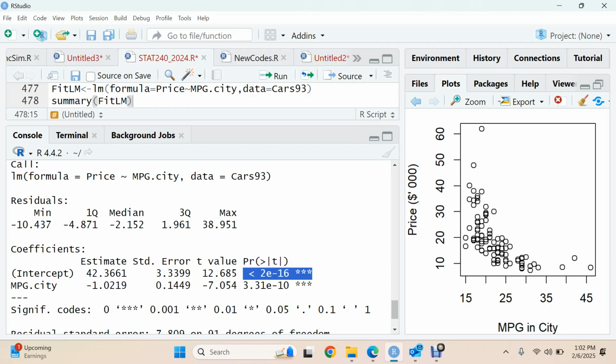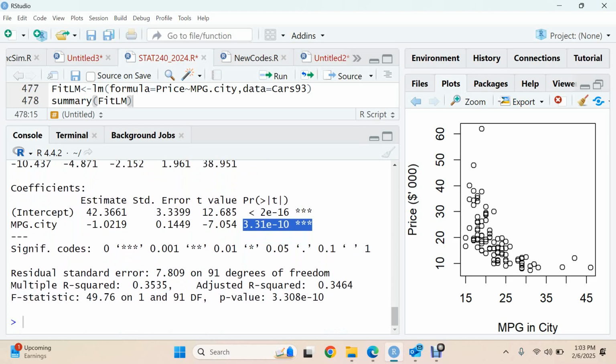Next is whether beta 1 should be excluded. If beta 1 is 0, then beta 1 times x is 0. It doesn't play any part in the model. Well, the p-value is also small, so we reject the null hypothesis and conclude that beta 1 is not equal to 0. So it means it should be maintained.